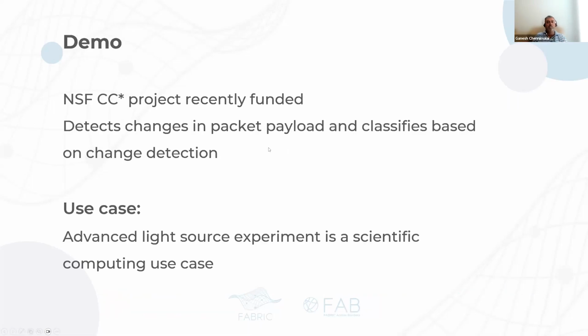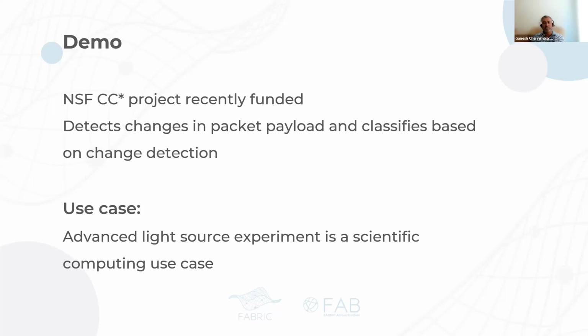And now we will be looking at our demo after this, and this is an NSF CC Star funded project. The primary objective that we are looking at in the initial phase is to detect changes in packet payload and classify based on the change detection: if there is a change, then we pass it on to the interested parties.